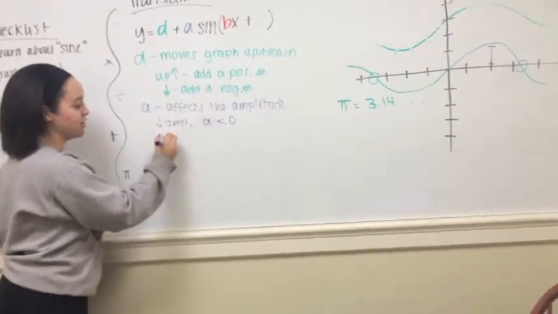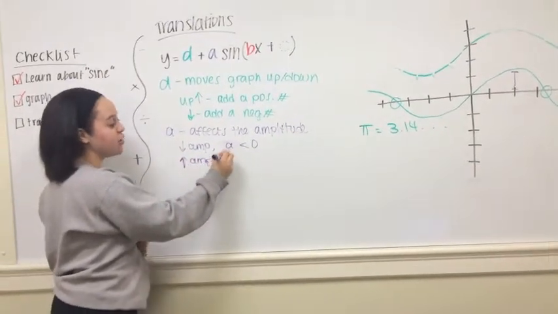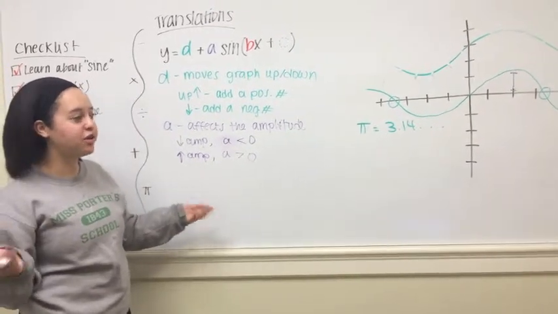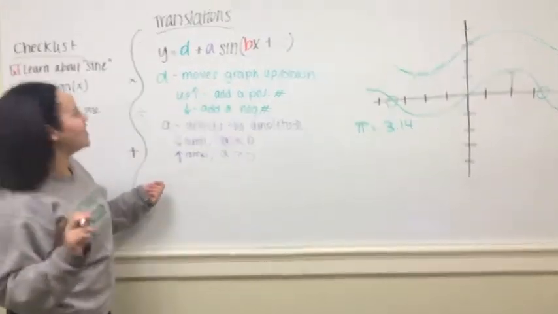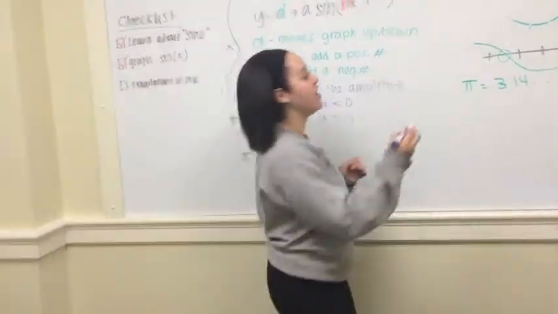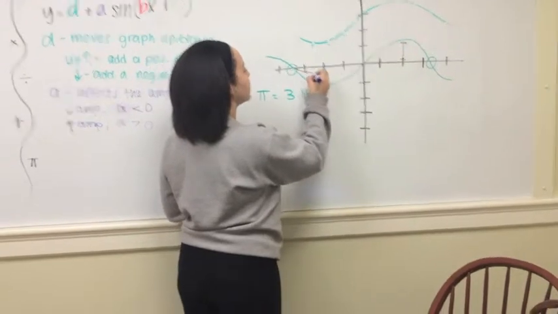To increase the amplitude, you have to use a number larger than 0. So let's say A was 0.3. The graph would look a little bit more like this.